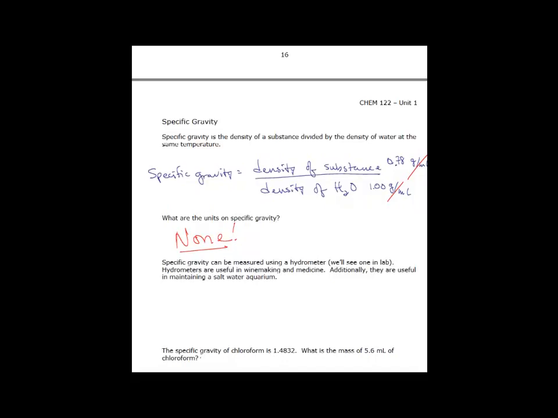For instance, grape juice is 20% sugar, dissolved sugar. The specific gravity of grape juice is 1.082.